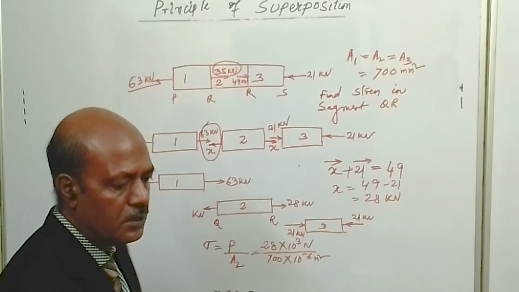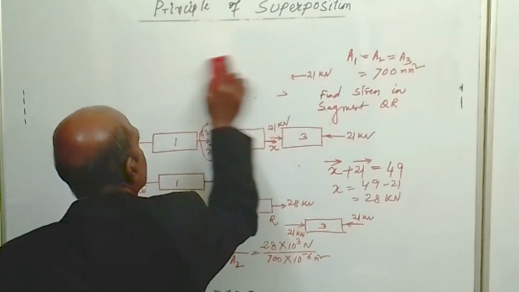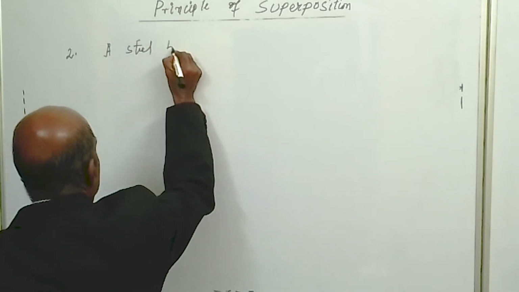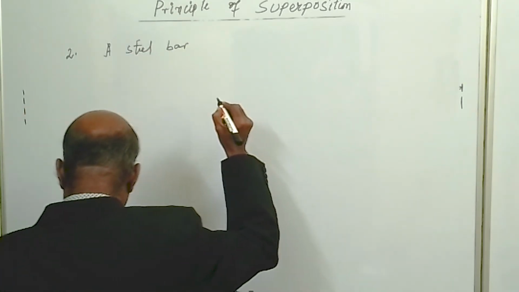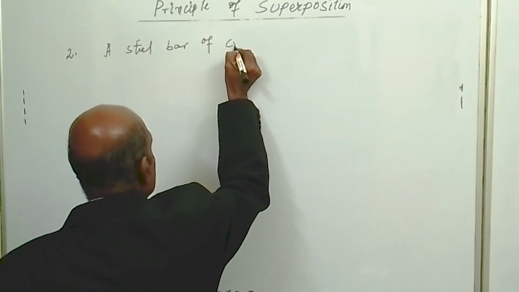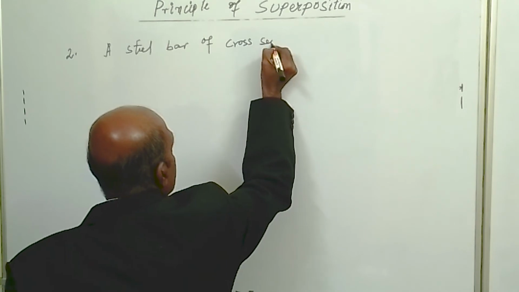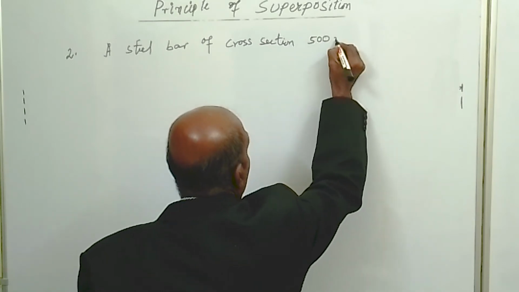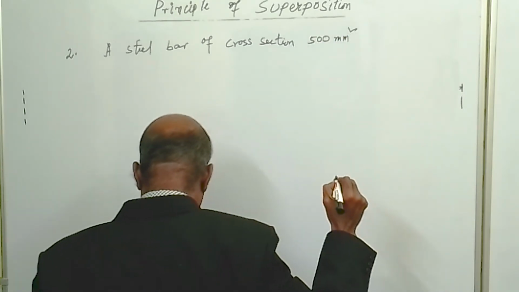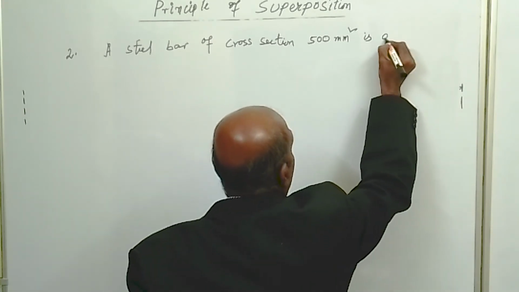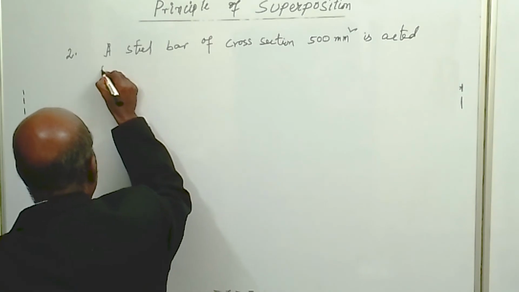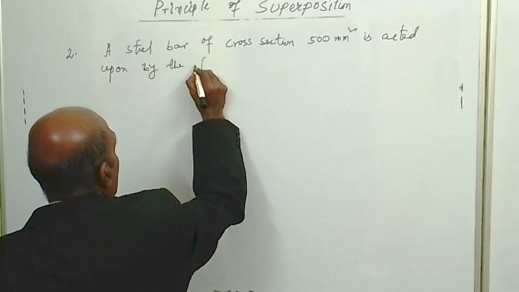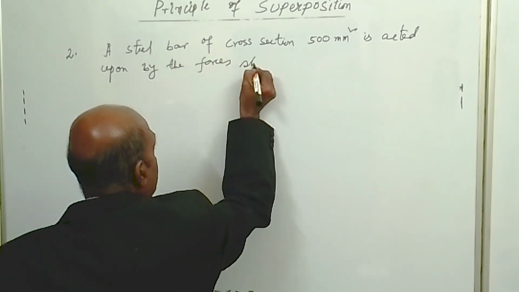Okay, so now we'll see the second question. A steel bar of cross section 500 millimeter square is acted upon by the forces shown in the figure.